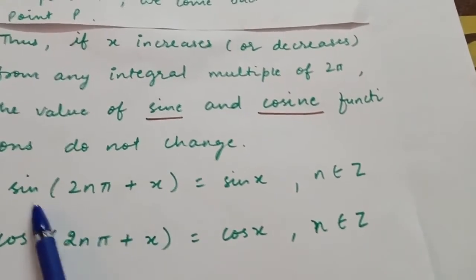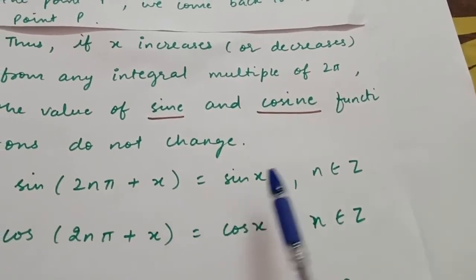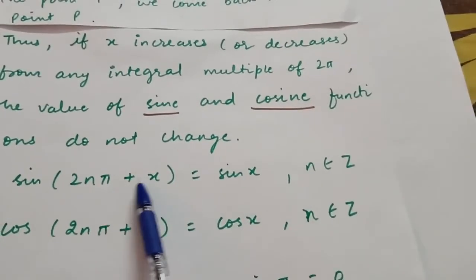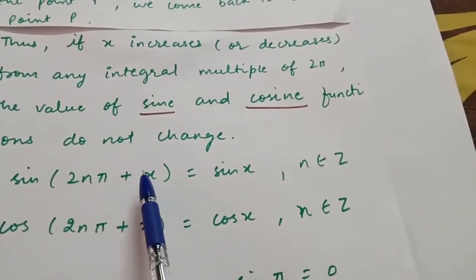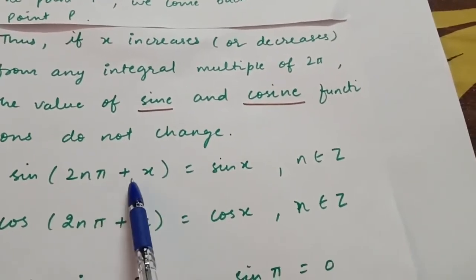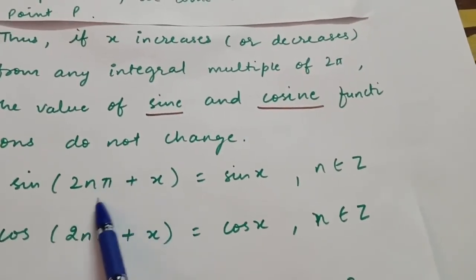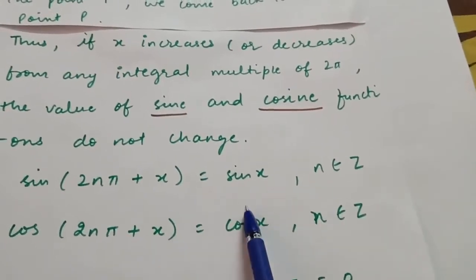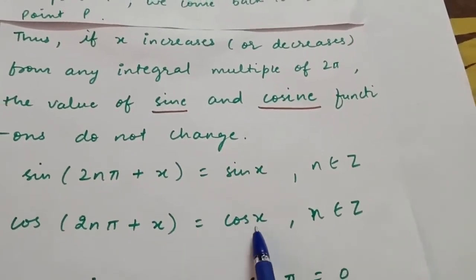Therefore, we got sine of 2n pi plus x is equal to sine x, where n belongs to the integers. That is, if we add or subtract an integral multiple of 2 pi in x, then the value of sine and cos does not change. This remains sine x only and this remains cos x. Clear?